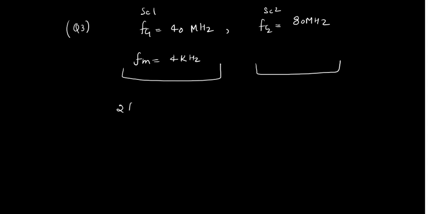As we have seen, the bandwidth depends on beta and Fm, which has nothing to do with the carrier frequency. So if the bandwidth is the same, the max frequency deviation for both scenarios will be the same.